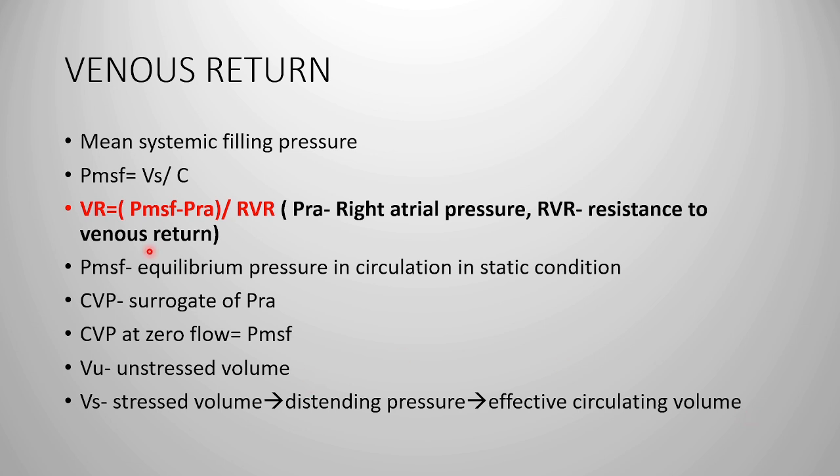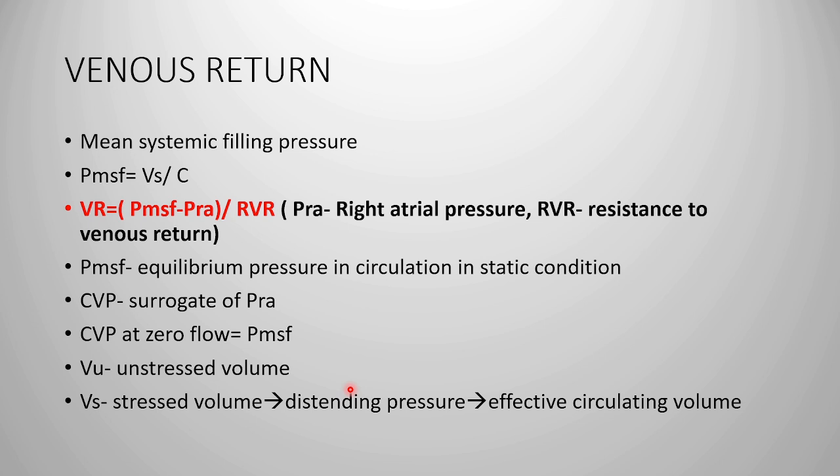If your PMSF increases more than PRA, then your gradient will be increased, and venous return would be increased only in that condition. That is one way of increasing stressed volume, but that will cause fluid overload, extravasation, and increased lung water. The other way of augmenting stressed volume is by using vasoconstrictors like norepinephrine.